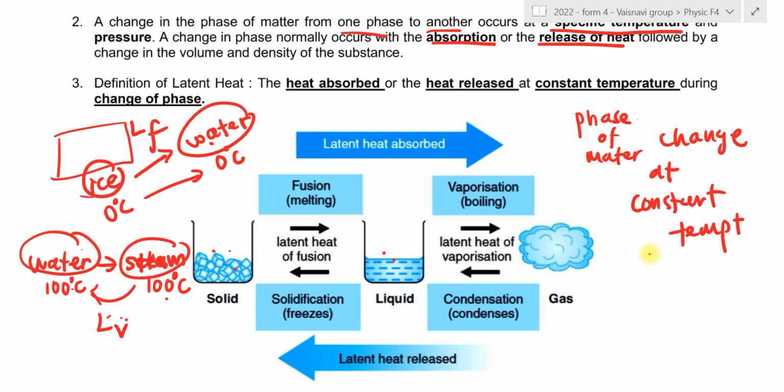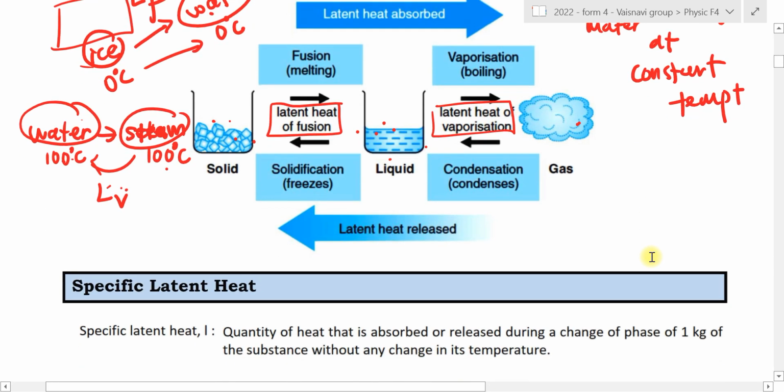For example, solid becoming liquid or liquid becoming solid at a constant temperature, we call it latent heat of fusion. If liquid becoming gas or gas becoming liquid, we call it latent heat of vaporization. Can you understand? Can, sir. Okay, good.